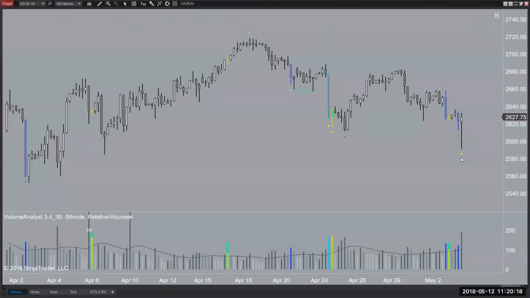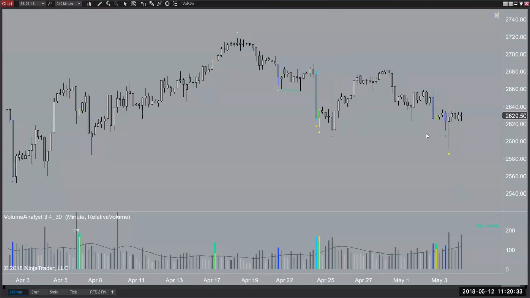But one thing it also isn't showing is the fact that it's closed all the way up off of its low and now in the top 5% of the entire bar. So there's really nothing in here as of right now to tell you programmatically or visually, through some sort of alert or text message or whatever, that this was a huge down bar, but it's now closed all the way back at the opposite end.